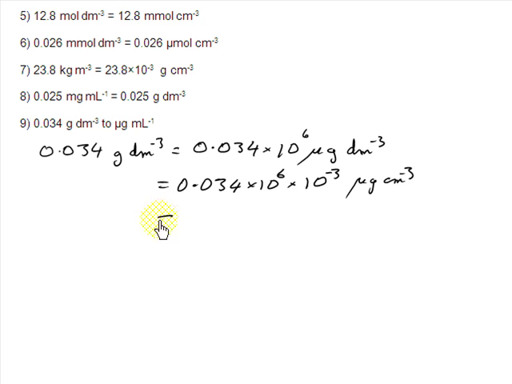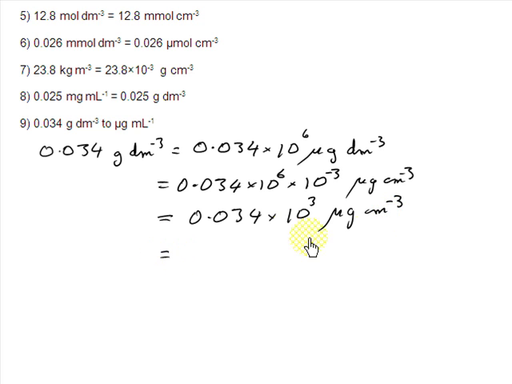So this will then give a value of 0.034. 10 to the 6 times 10 to the -3 will be 10 to the 3 micrograms per centimeter cubed. And we know that a centimeter cubed is the same as a milliliter.